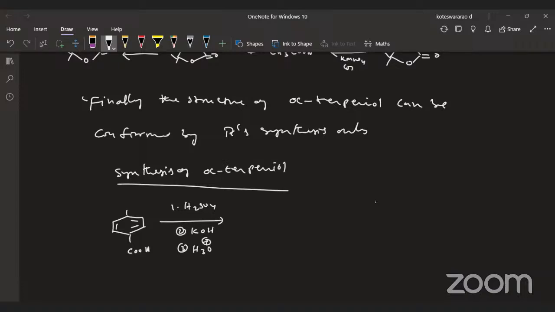That sulfonated product will be treated with KOH, that leads to the formation of a substituted product with OH. That is the potassium salt of the phenolic compound, which on neutralizing with the acidified water leads to the formation of a phenolic compound. This is the phenolic compound.